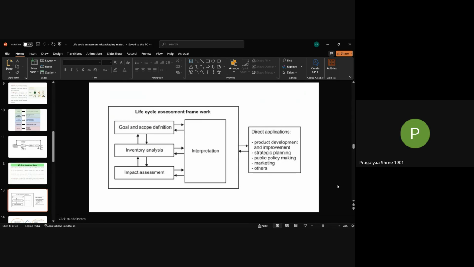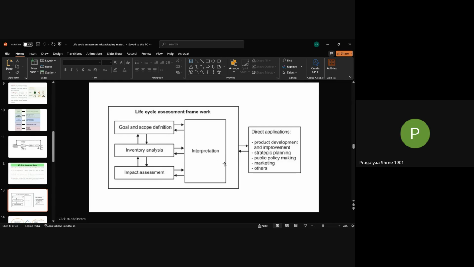So this is the assessment framework. Goal and scope, inventory analysis, impact assessment, everything we are going to use, and we are going to interpret them. Based on the interpretation, we decide what type of inventory analysis has to be carried out, what impact it is going to create on the land, and how we have to fix the goals. All these things should be known from this.